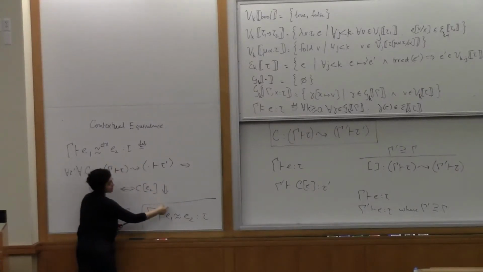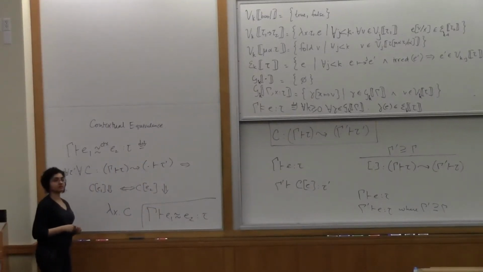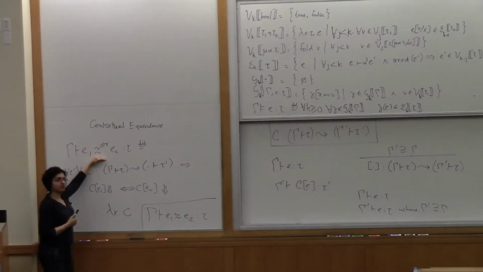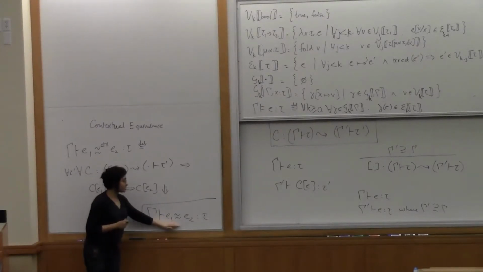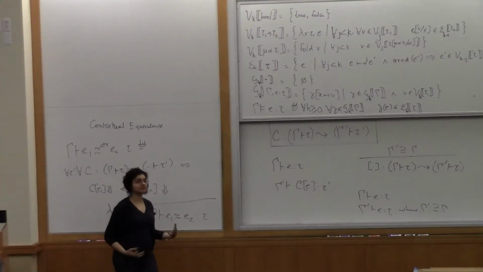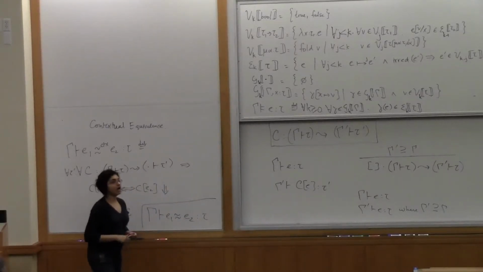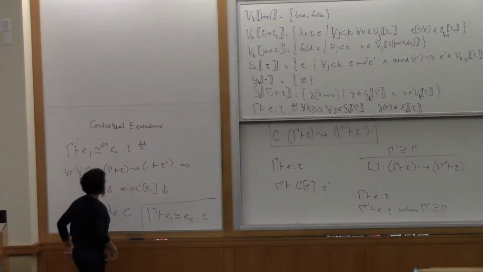And the reverse direction is completeness with respect to contextual equivalence. That would mean that any two programs or program components that are contextually equivalent are in fact logically related. So your proof method handles, in a sense, all possible things. Okay? So we'll get to soundness and completeness later.